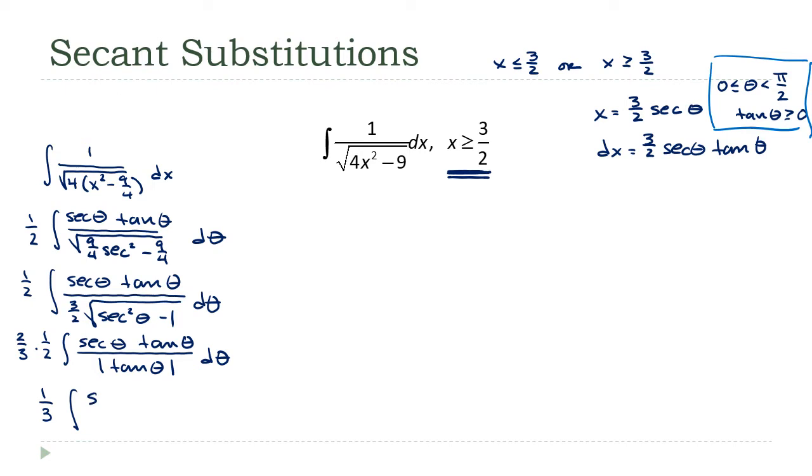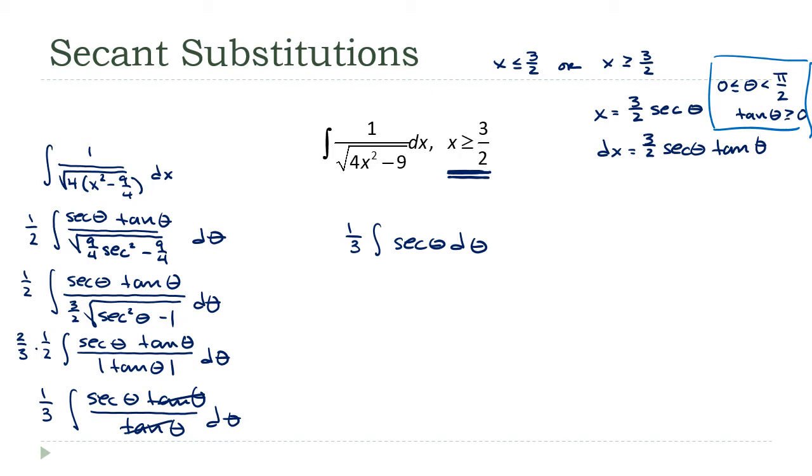Still have to have the fraction. Secant theta tangent theta over tangent theta d theta. Now do you see why that was so important to me? Being able to get rid of that absolute value, I can cancel those tangent thetas, and this is just 1/3 the integral of secant theta d theta.